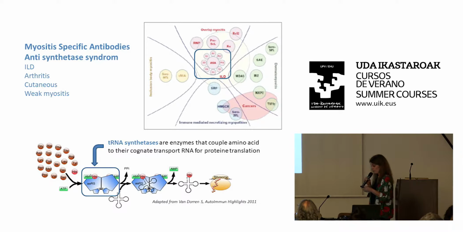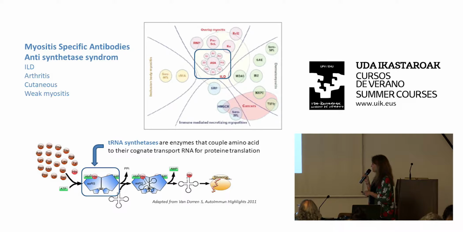So let's have a look at the antisynthetase syndrome, which is mainly associated with interstitial lung disease, but also arthritis, cutaneous involvement, and most of all have weak myositis. So what are synthetases, the tRNA synthetases, the target of the antibody?